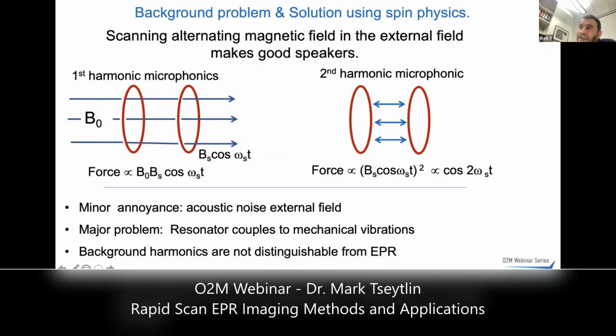The same problem exists in standard first-derivative CW, but there this microphonic signal becomes just a TC line, which is subtracted as an offset. In rapid scan, we see it as is, and we need to deal with it, because this background signal is at the fundamental harmonic and you cannot distinguish it from EPR.